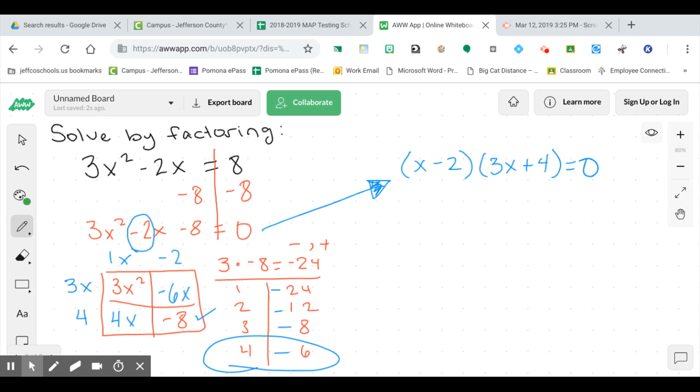Now that I have it rewritten, I can find out what I could plug in for x to make my parentheses 0 out. So this first one is going to be actually pretty quick. What number minus 2 would make 0? Well, 2. So one possible answer for x is 2.